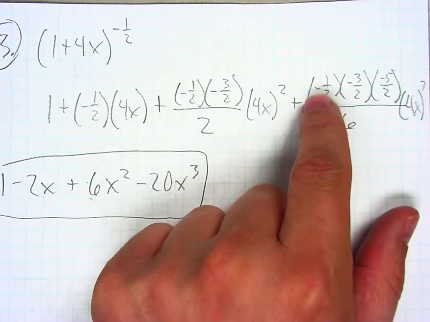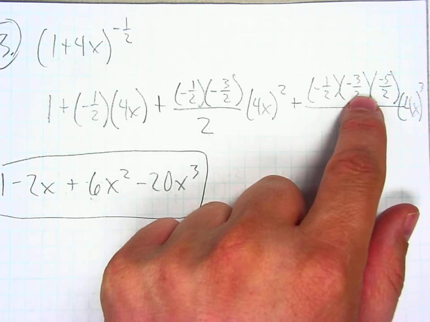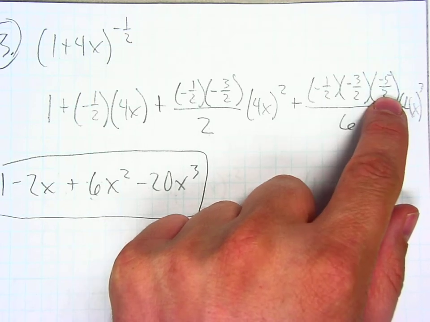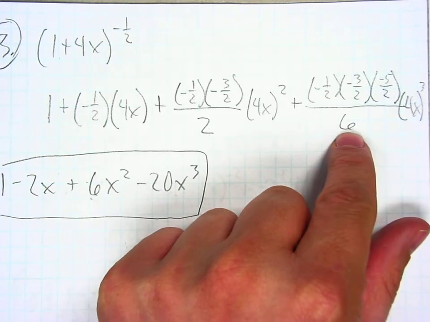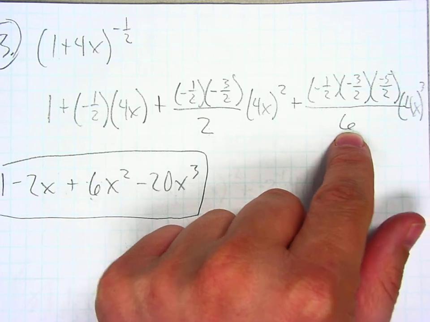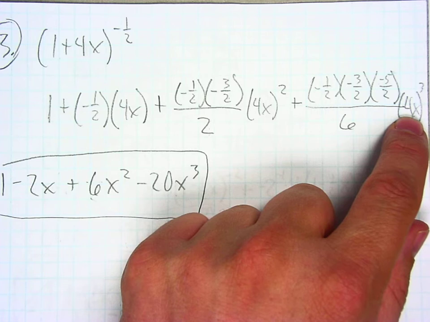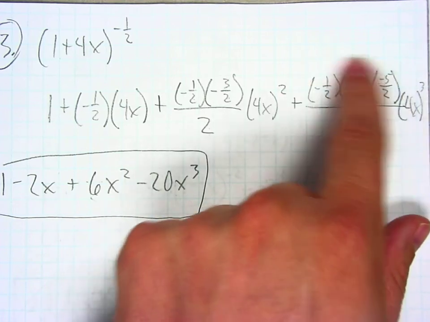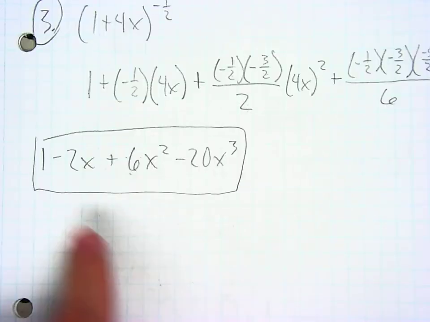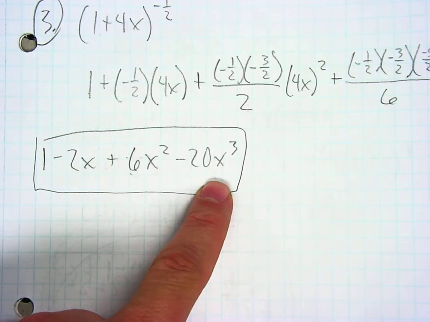Third term: exponent, exponent minus 1, exponent minus 2, all over 6, or 3 factorial, times my second term cubed. Reducing and simplifying these gives you those terms.